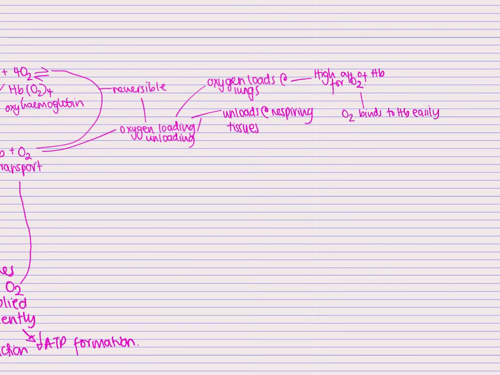So it wants to stick to it, but it's hard to let go. However, for unloading, hemoglobin has a low affinity for O2. This means that O2 doesn't bind easily, but is let go easily.